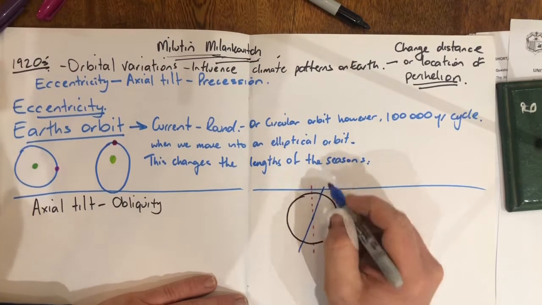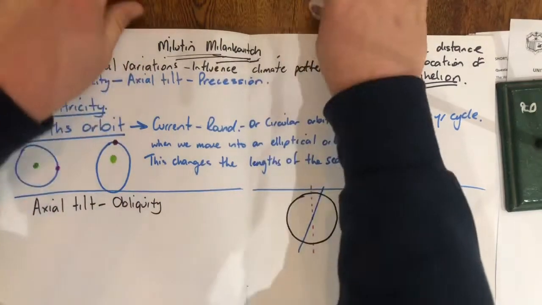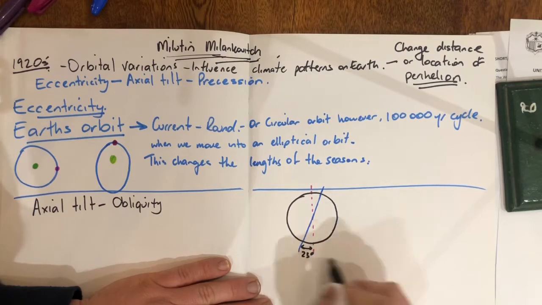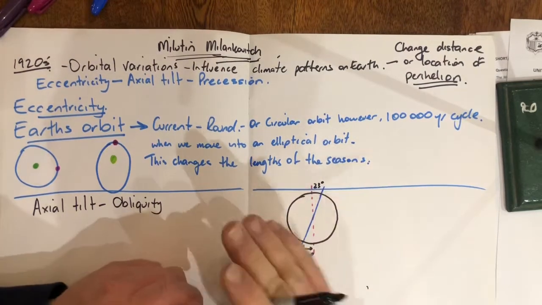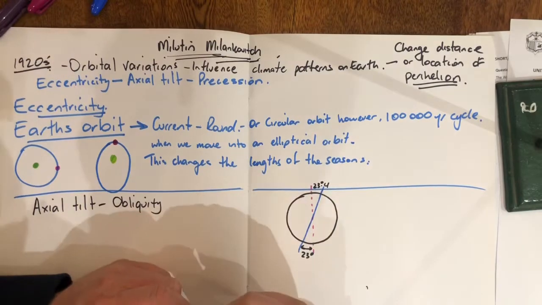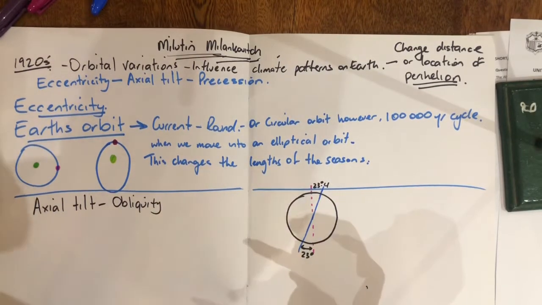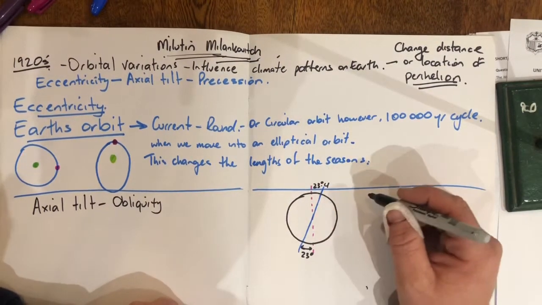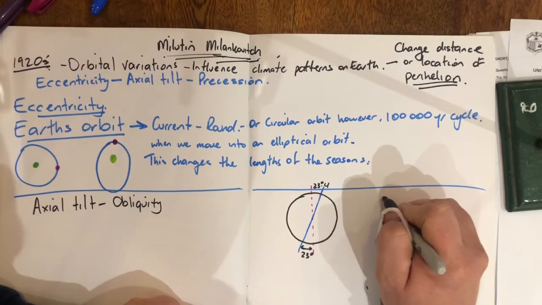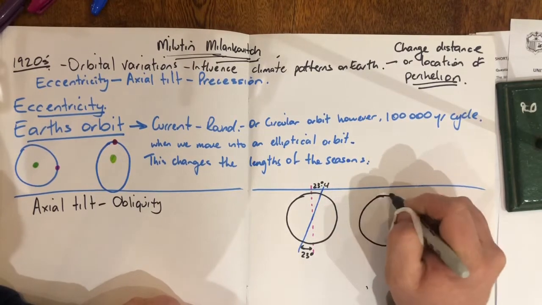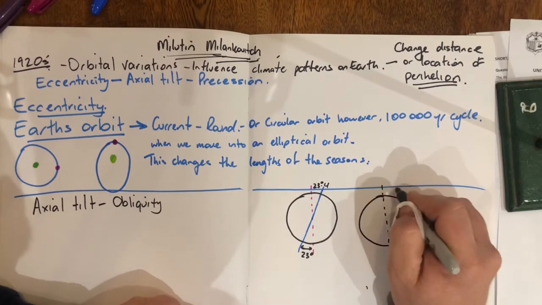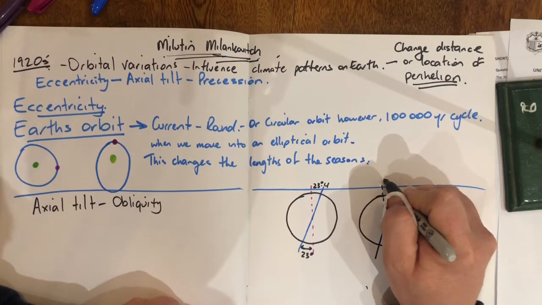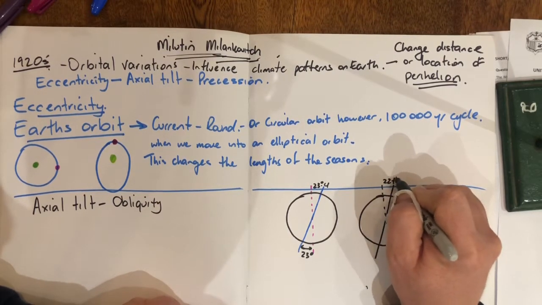It would look something like this, giving us 23 degrees here and 23 degrees here, or 23.4 degrees. All right, so our axis is actually slowly decreasing, moving inwards, and it will continue moving in until it gets to a point of 22.1 degrees.